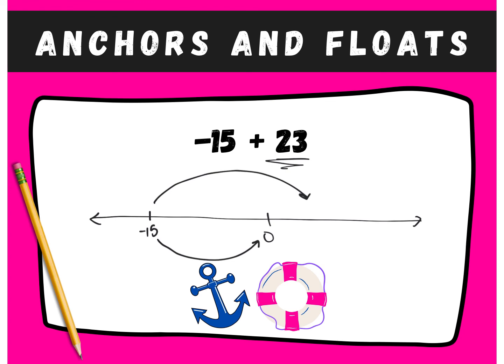So what I really want to know is how much more than 15 am I going? What's interesting about this problem is that while it looks like addition, we actually solve it using subtraction. I need to know how much more than 15 is 23. I solve that by subtracting 23 and 15, and I'll see that 23 is 8 larger than 15, which means I have to move 8 spaces past 0 when I add 23, and my answer is 8.